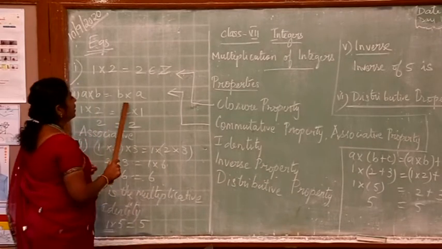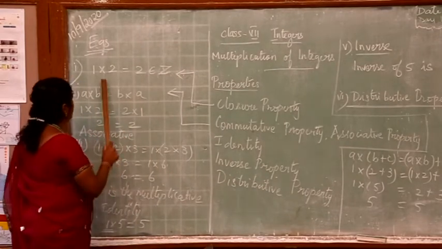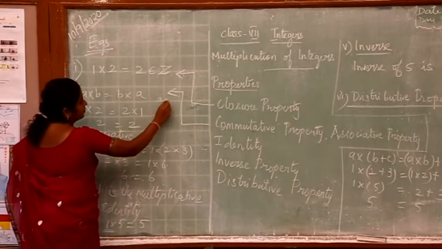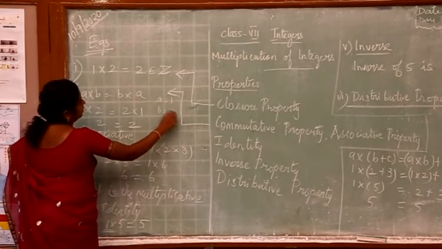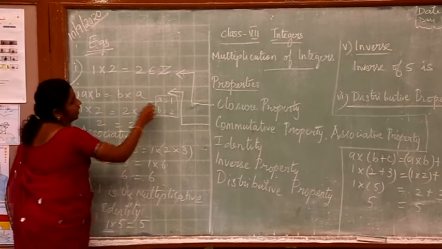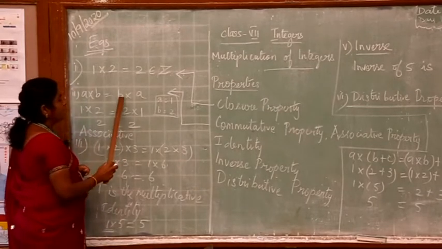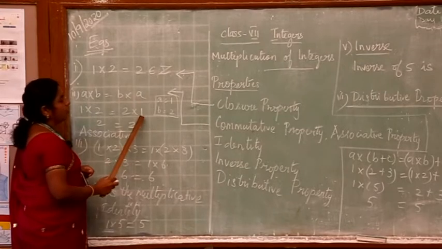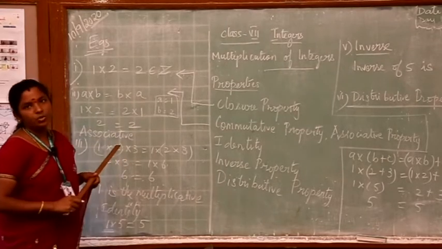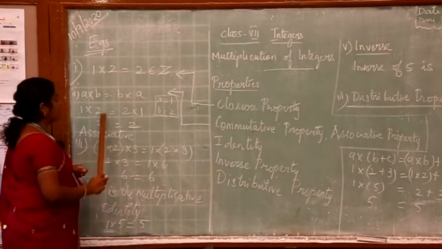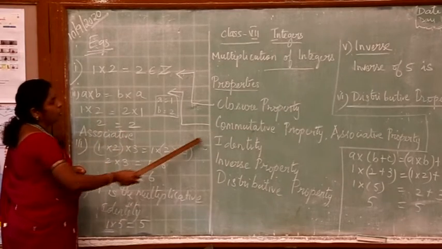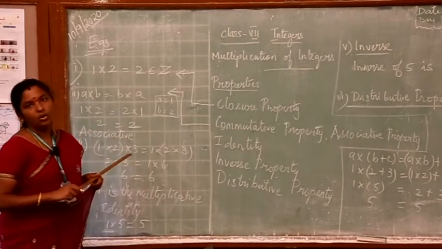A into B is equal to B into A. I am going to take A is equal to 1 and B is equal to 2. Instead of A, I take 1, instead of B, 2. Here again, instead of B, 2 and instead of A, 1. So, 1 into 2 is equal to 2 into 1. You are getting the answer 2 is equal to 2. So, this commutative property also holds good.